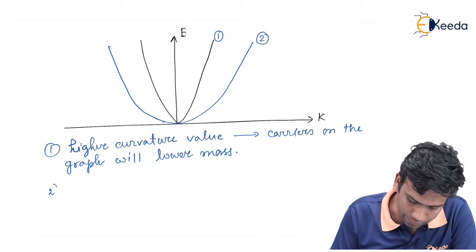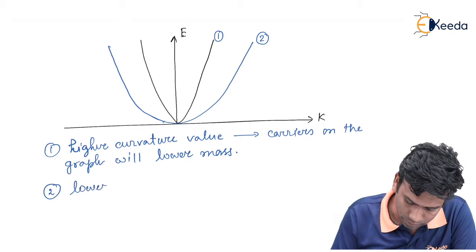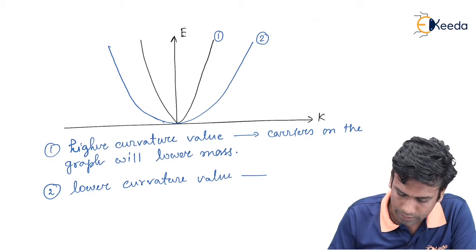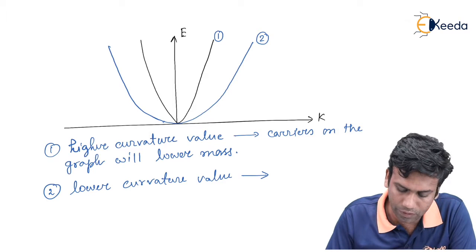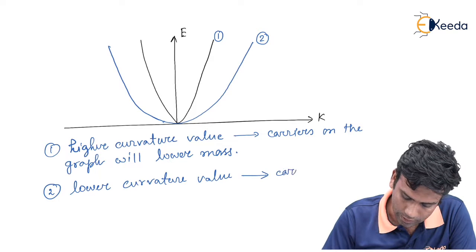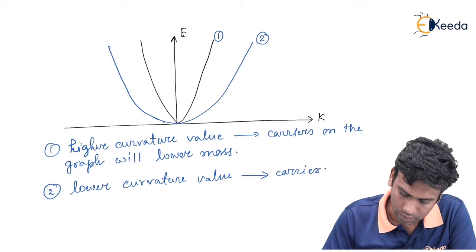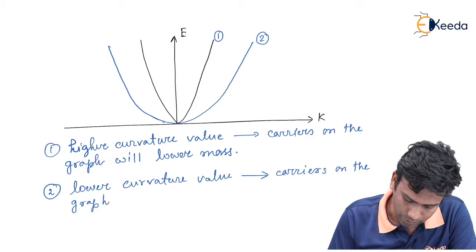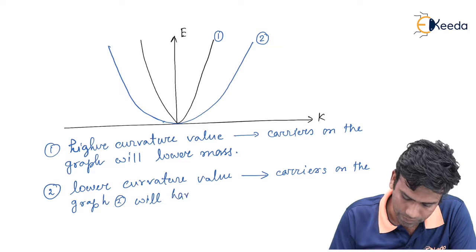Similarly, graph 2 has lower curvature value, that is, the carriers on graph 2 will have higher mass.